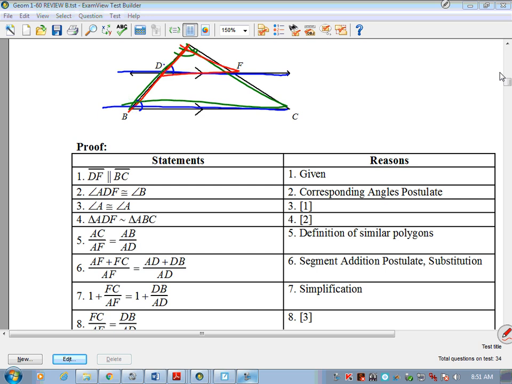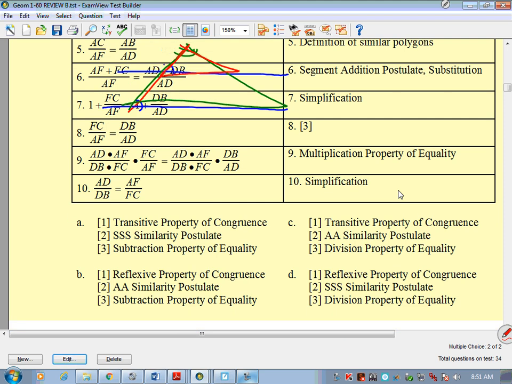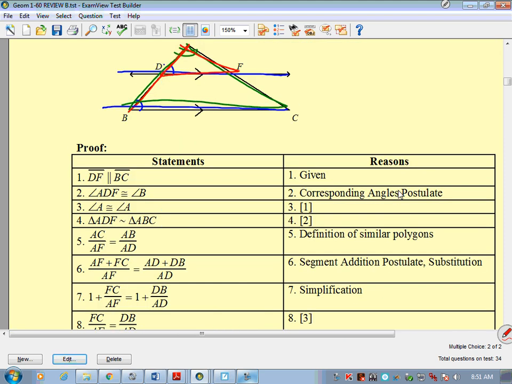Okay, if we go down here, and I know that's going to move my picture around a little bit, but we should see 4 options. And we should see the reflexive property of congruence. We're going to call that normally the reflexive axiom, but here we'll use the reflexive property of congruence. So anyway, that should narrow us down to 2. And then we have triangle ADF is similar to triangle ABC.